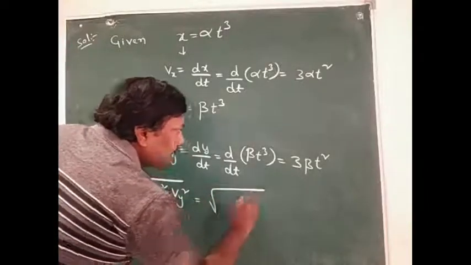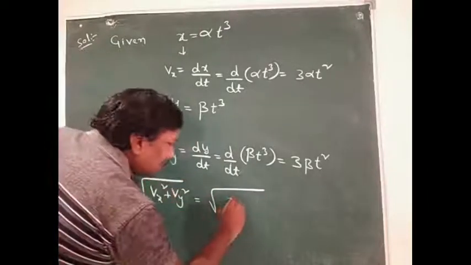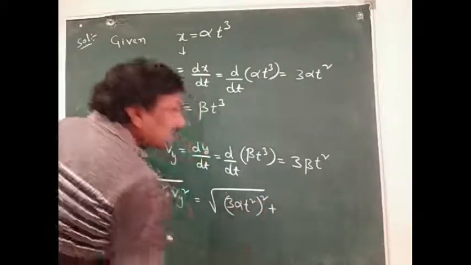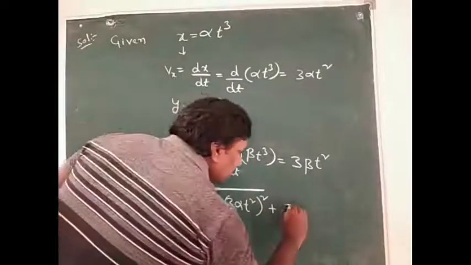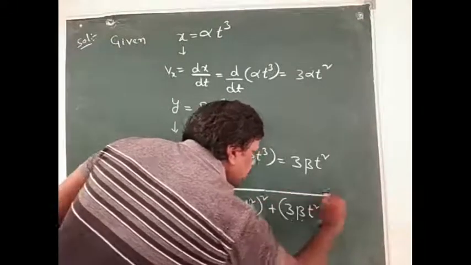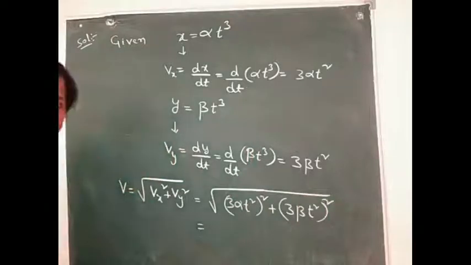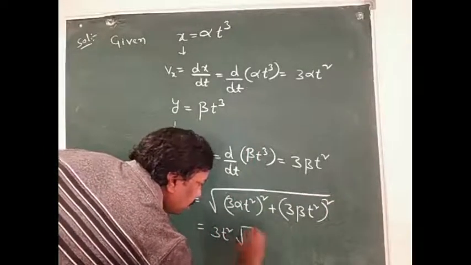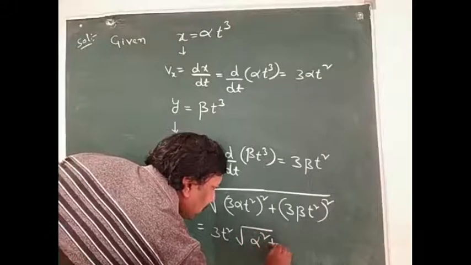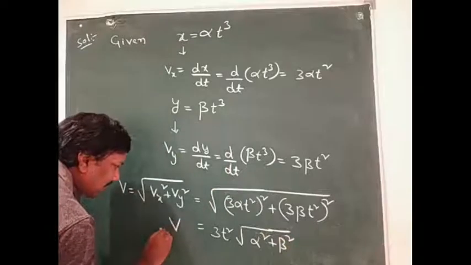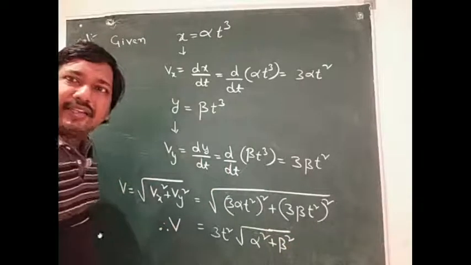Here vx means 3 alpha t square whole square plus vy means 3 beta t square whole square. Therefore 3t square into root over alpha square plus beta square. So this is the resultant speed of the particle at time t.